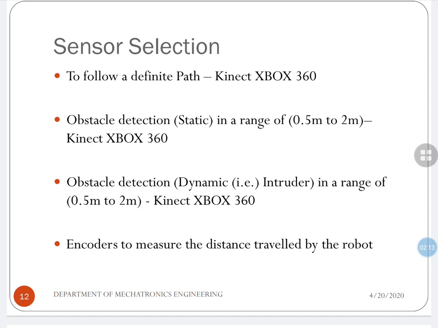Dynamic obstacles are obviously considered to be intruders, and the robot reports to the main control station, and the distance traveled by the robot is calculated by using encoders. These are the sensor selections.